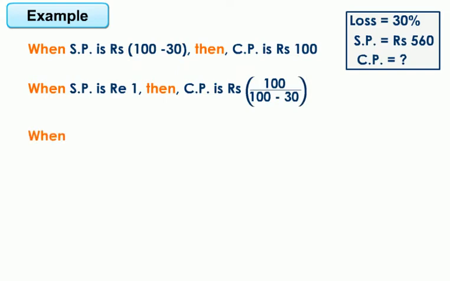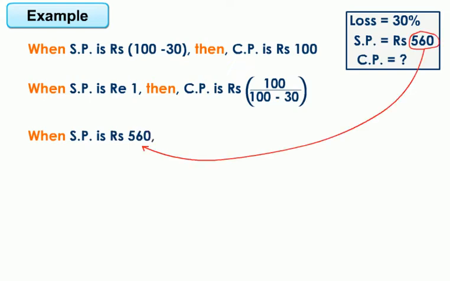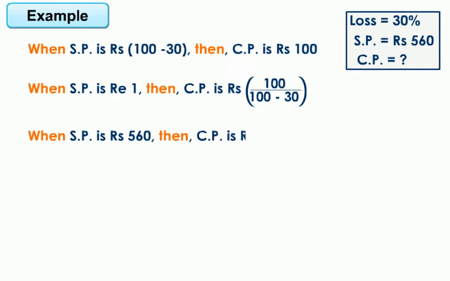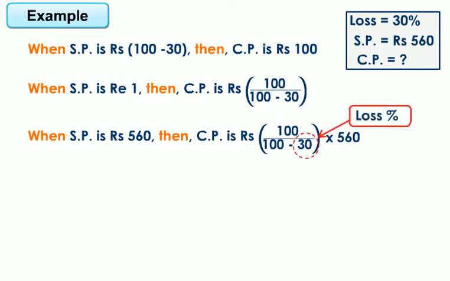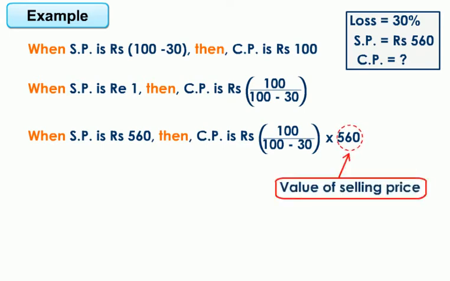When selling price is rupees 560, then cost price is rupees 100 divided by 100 minus 30 into 560. Here 30 is the loss percent and 560 is the value of selling price.